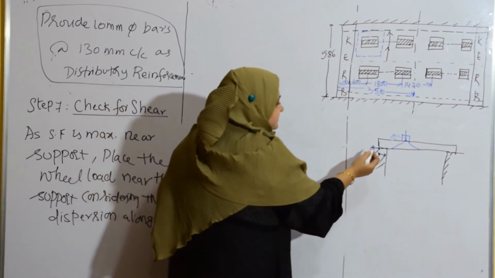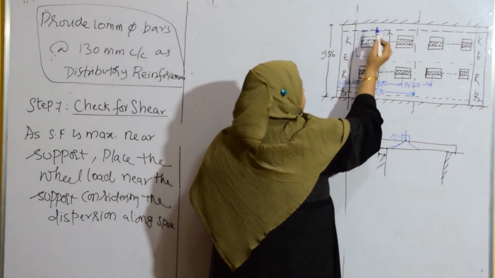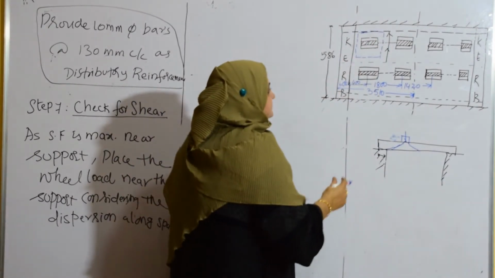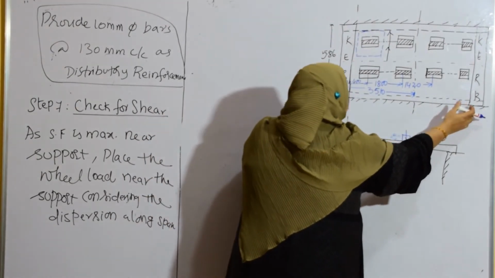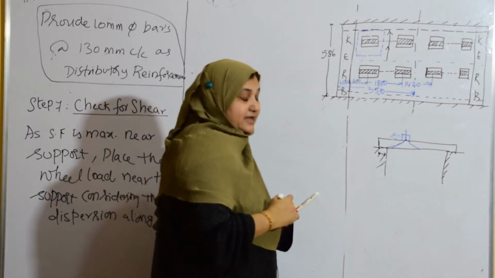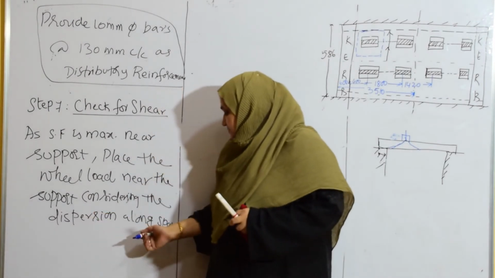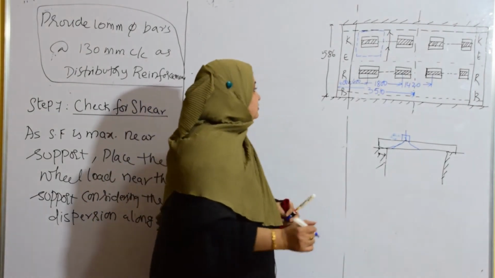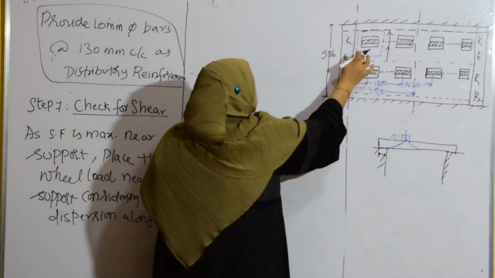Okay, so it's ending here. So same way here it is here. Okay, so this is the dispersion across the carriageway width, and this is the dispersion across the span. Okay, now already the IRC has said considering the dispersion along the span. So if it is along the span, then I am supposed to consider this dispersion.